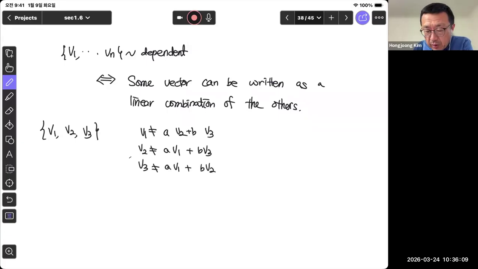Okay, so that means no vector can be written as a linear combination of the others. That means these three vectors are linearly independent.